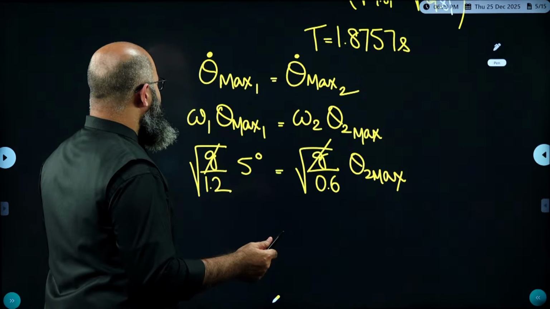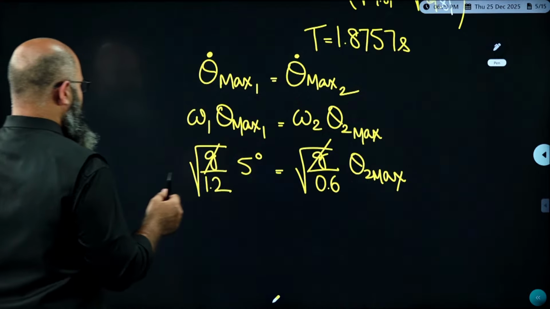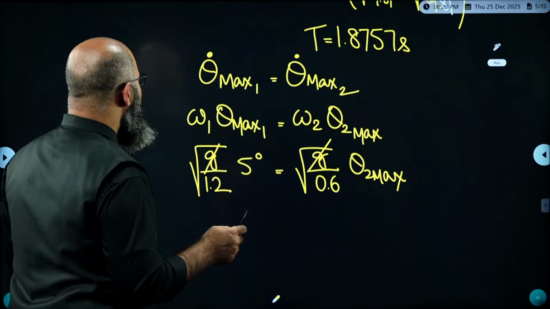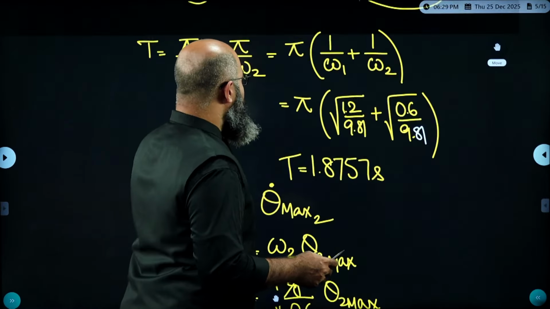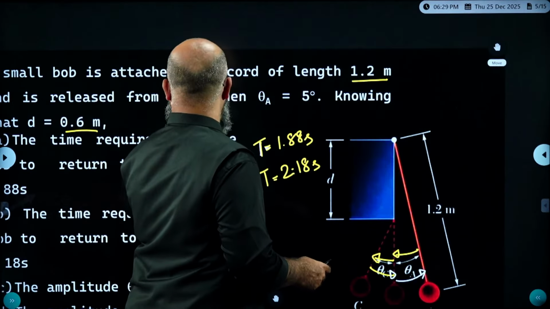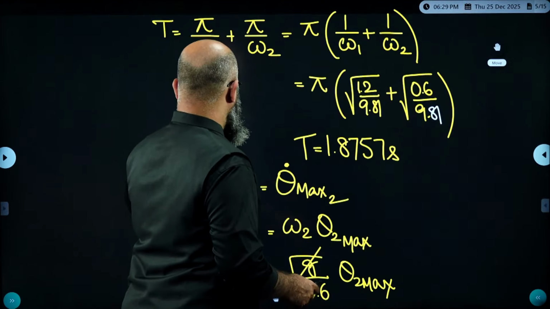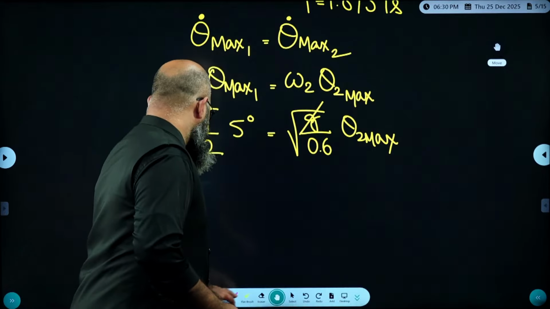So theta 2 maximum is equal to how much over here? It is equal to 5 degrees divided by root 2.